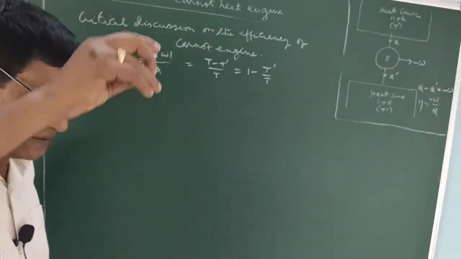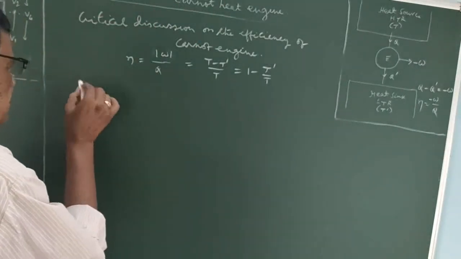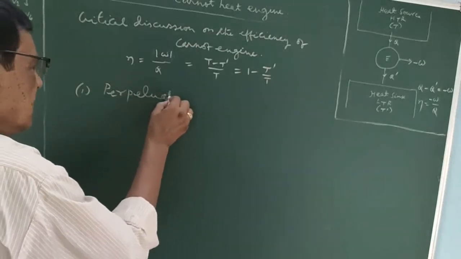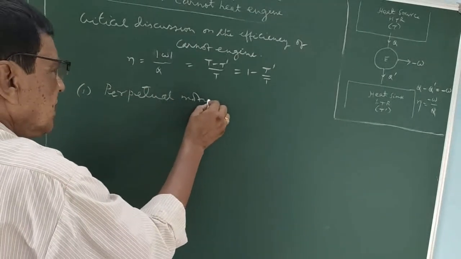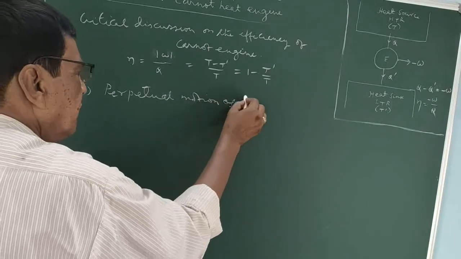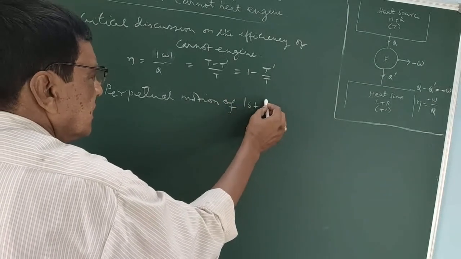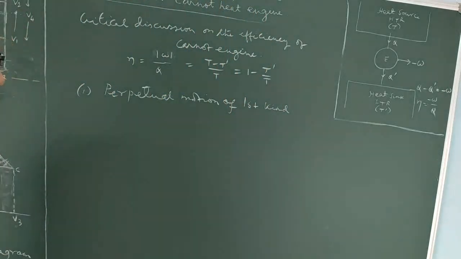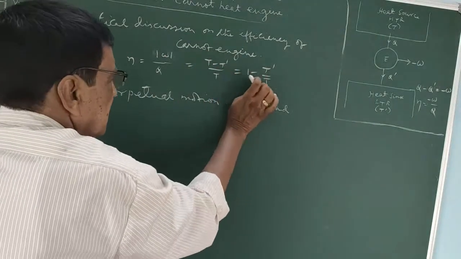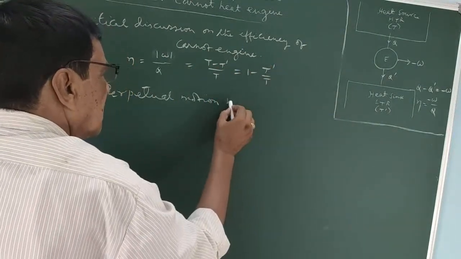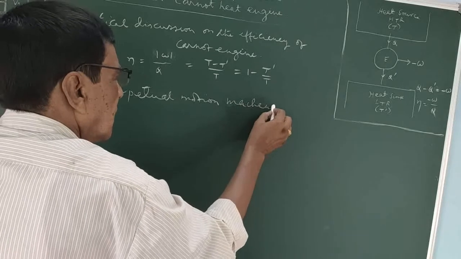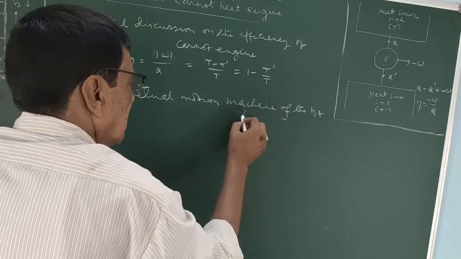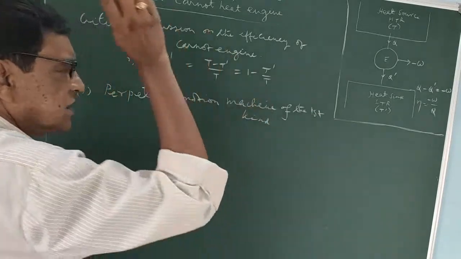The first one: perpetual motion machine of the first kind.